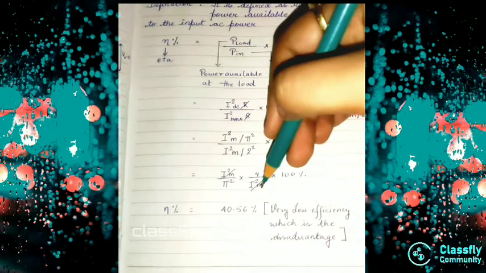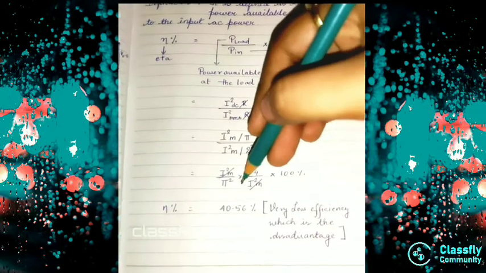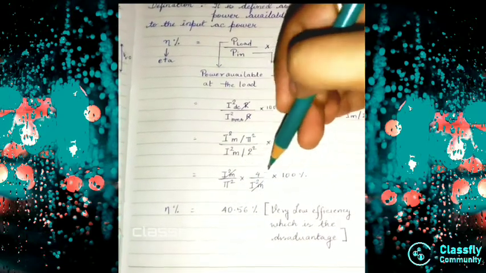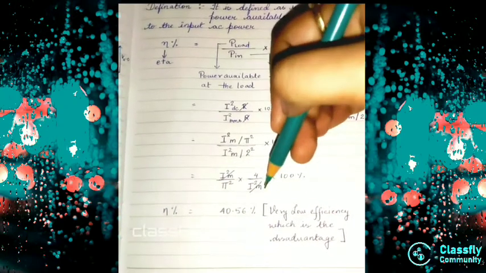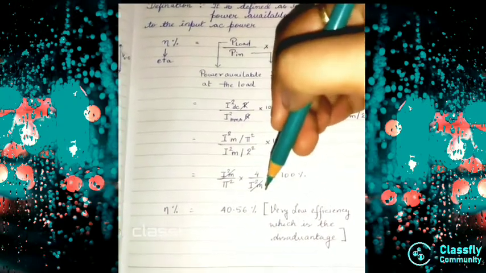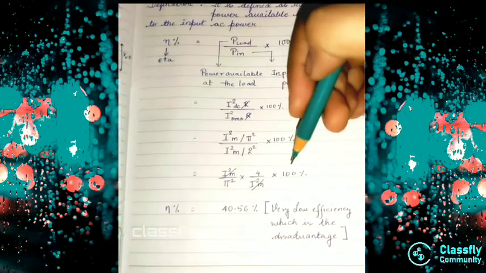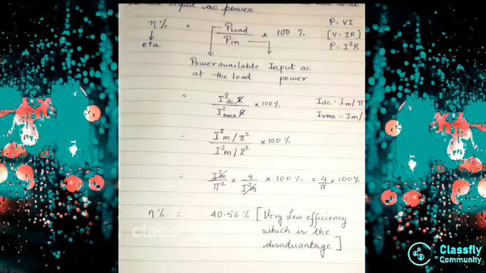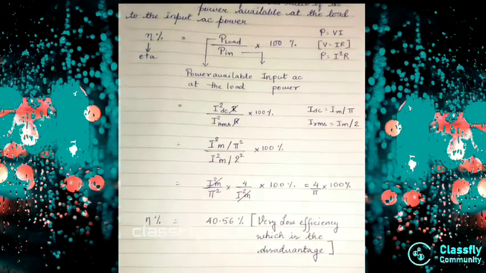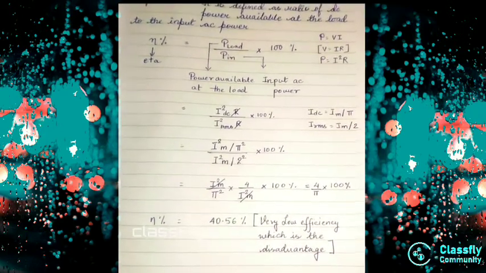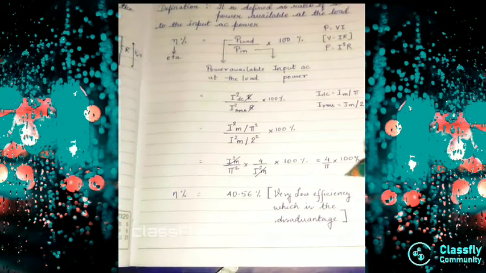I square m cancels with I square m. We are left with 4 by pi into 100%.